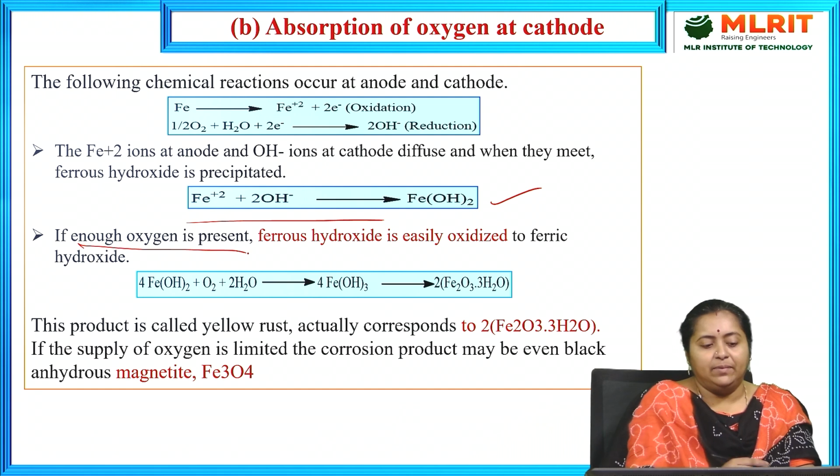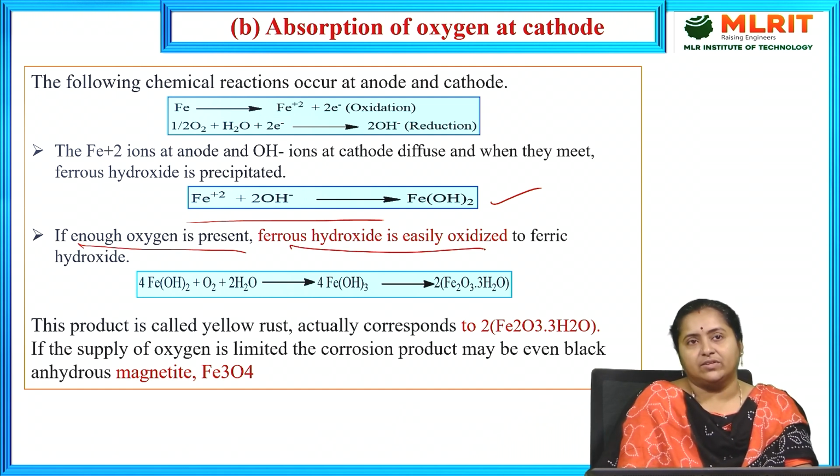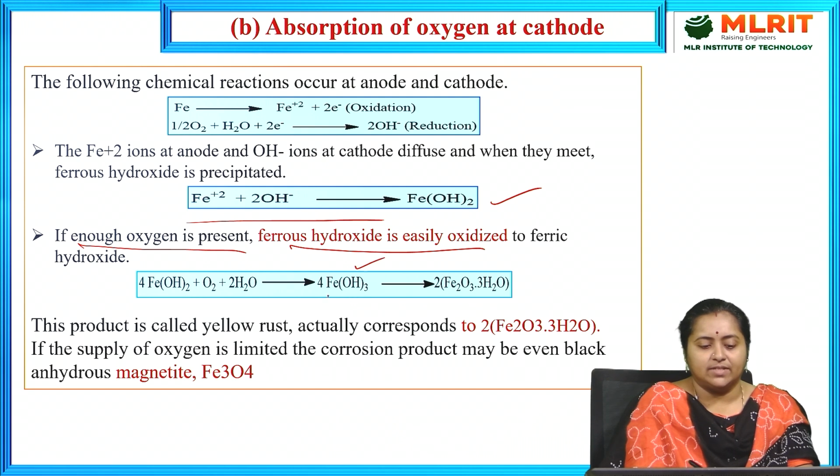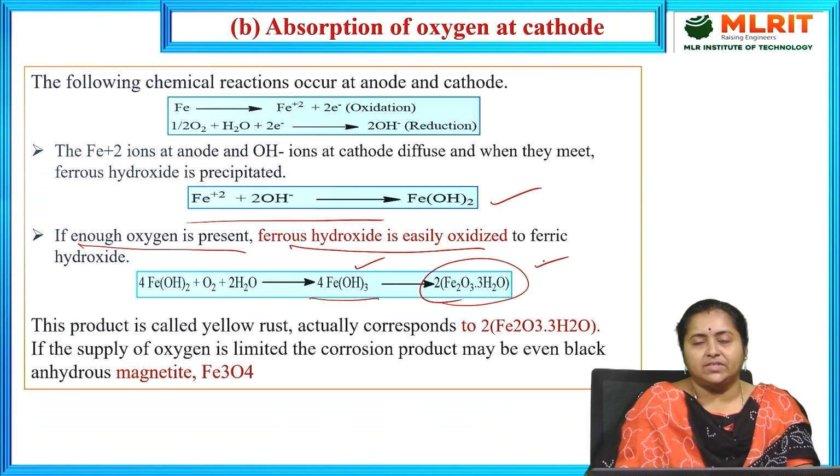If the availability of oxygen is plenty, then this ferrous hydroxide will undergo further oxidation to ferric hydroxide. Fe(OH)2 taken twice, in the presence of atmospheric oxygen and aqueous electrolytic solution, is able to convert into ferric hydroxide, that is Fe(OH)3. This is what we call rusting of iron, which is reddish brown in color, Fe2O3·3H2O. This is the hydrated form.